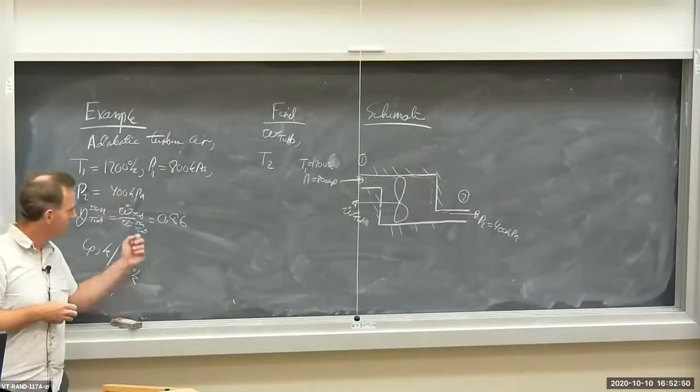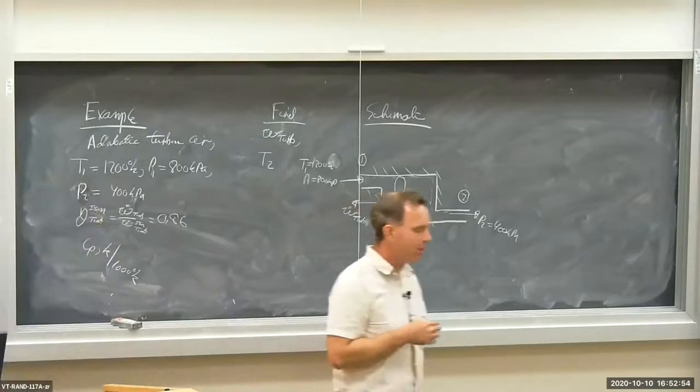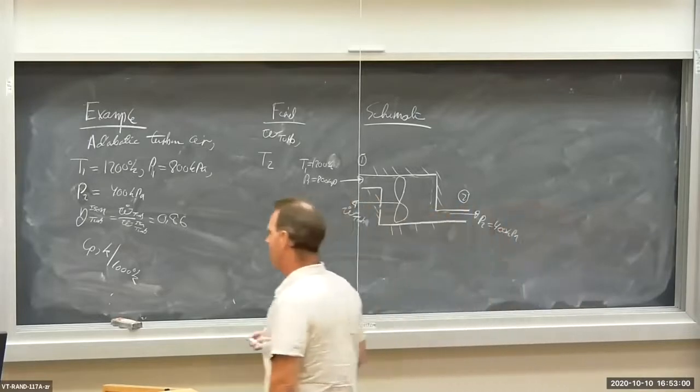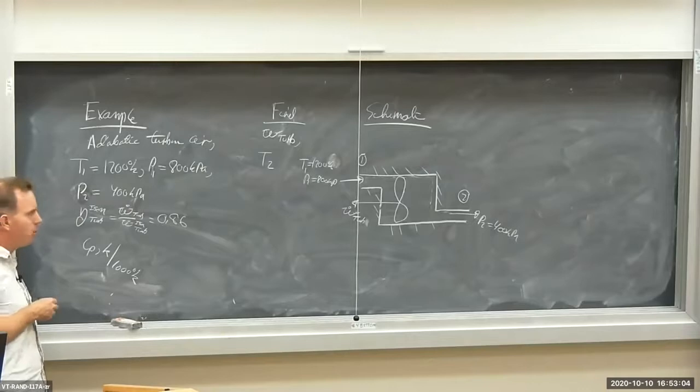W dot isen turbine for an adiabatic turbine is the maximum possible work. So this thing produces 86% of the maximum possible work that you could produce with this pressure drop at this inlet temperature, 1200 degrees and a pressure drop of 400 kPa.